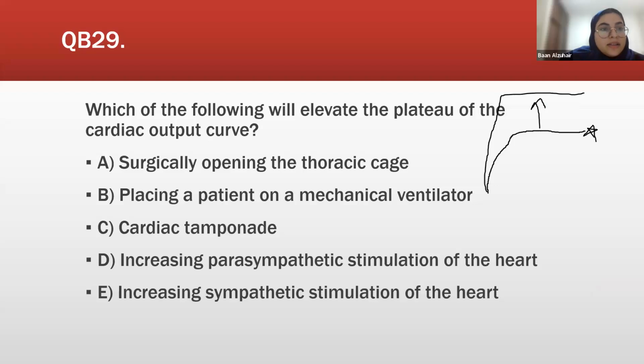So an increase in plateau means a shift up. You remember the graph that we discussed? The cardiac function would go up when there is an increase in contractility, as Yousef said, mashallah. So it is E. Okay, I'm back.